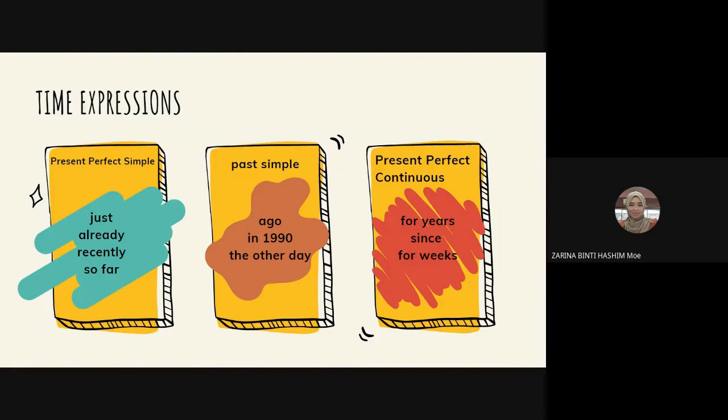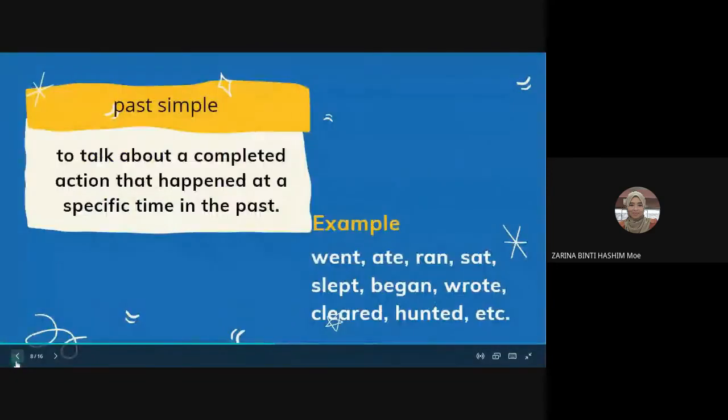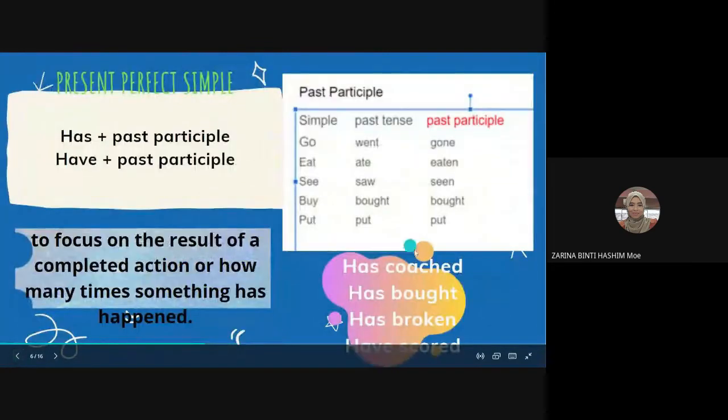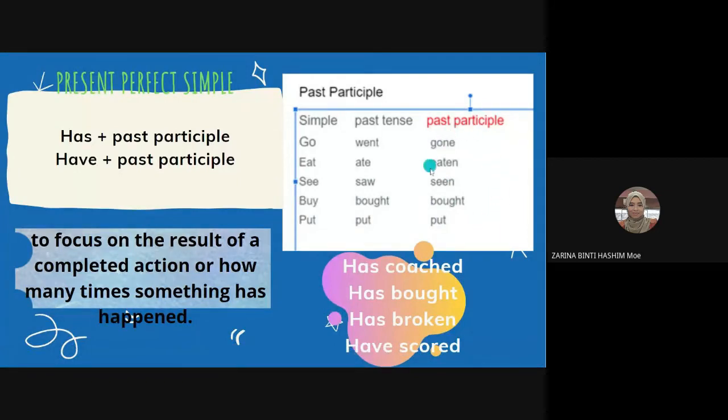Okay, I'll show the slide. Hold on, where we have the past participle notes just now. This one. What's the past participle? The last column here for break. What's the past participle for break? No, there's no such word as break.